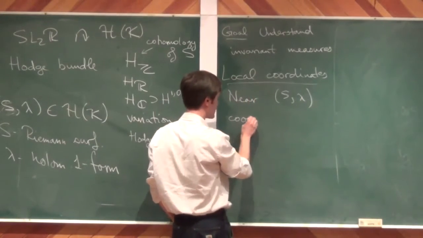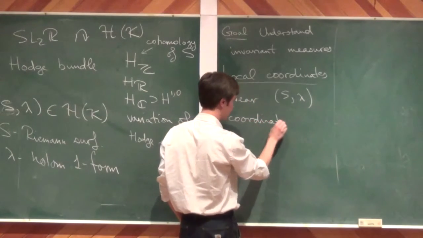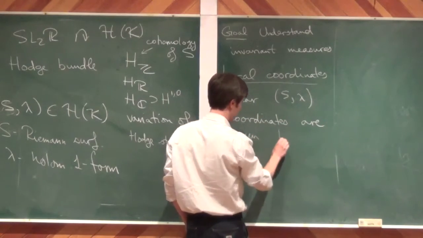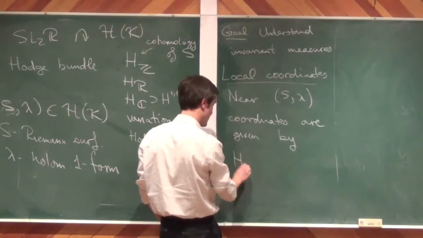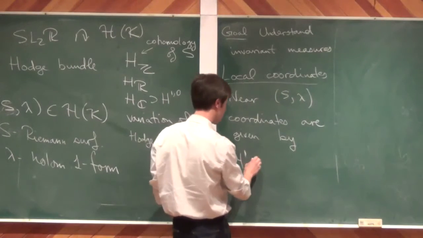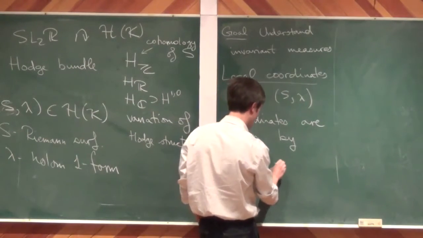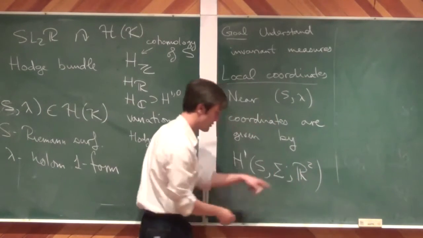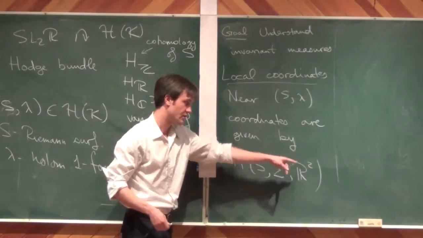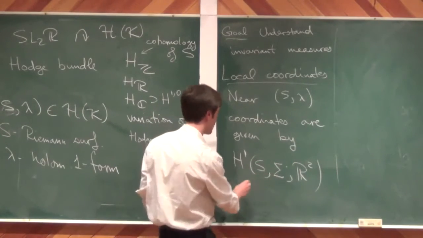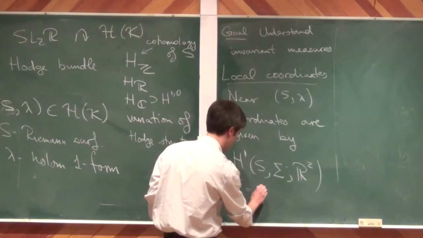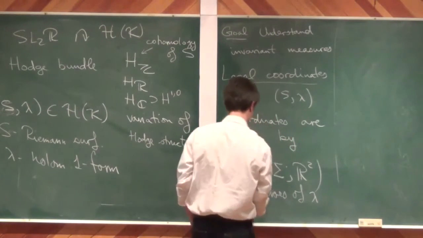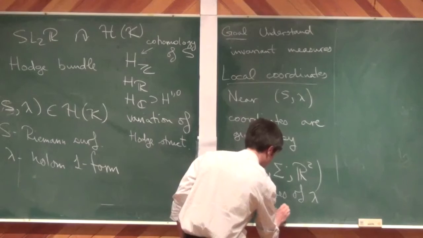you can give coordinates by the first cohomology group of this surface S, and so you have to take relative cohomology. By R2, I just mean vectors in R2, and where sigma is 0 is the locus of zeros of lambda, the same thing as the cone points.